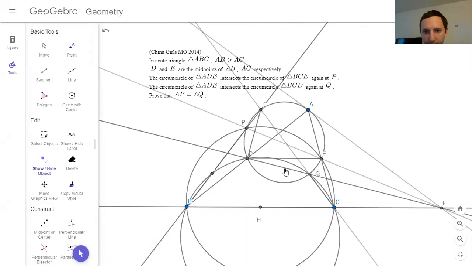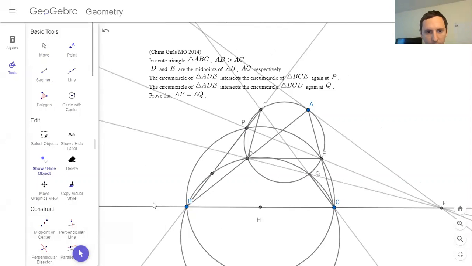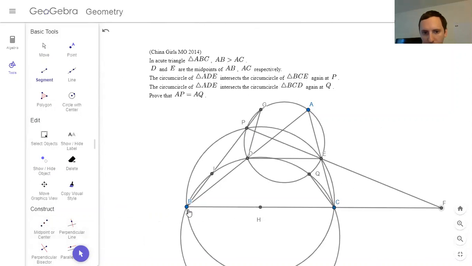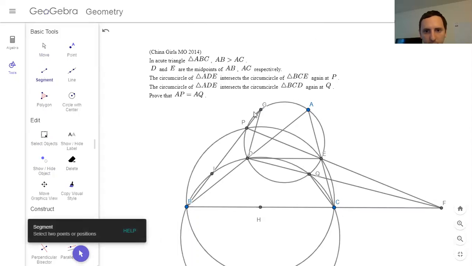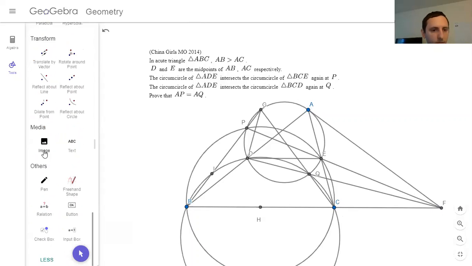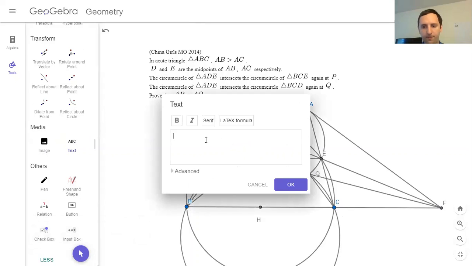Let me make the diagram a little nicer. So we have angle GBC.